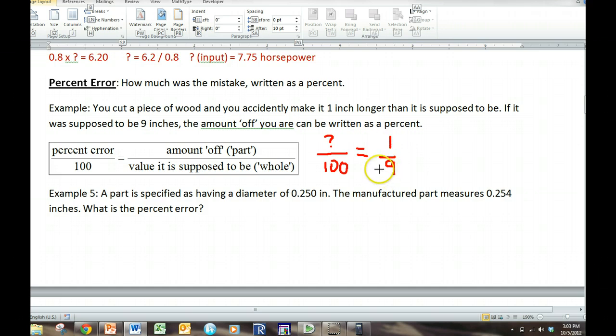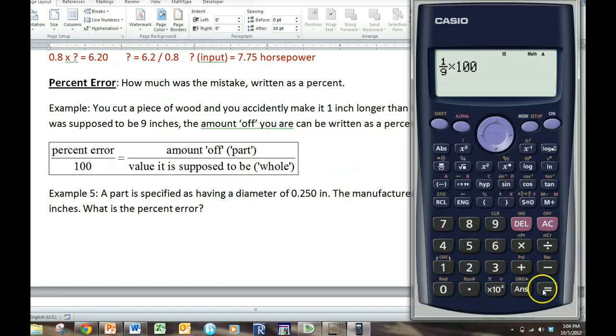So I do 1 divided by 9 is equal to question mark over 100. Now we can cross multiply here, but when I have the percent as my unknown, this is the same as saying that my unknown is equal to my fraction, 1 divided by 9, and I multiply my fraction by 100 to get it as a percent. I want this fraction converted to a percent. So when you plug it into your calculator, you get 100 divided by 9, and that ends up being 11.1%.